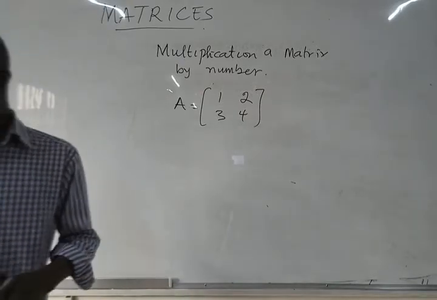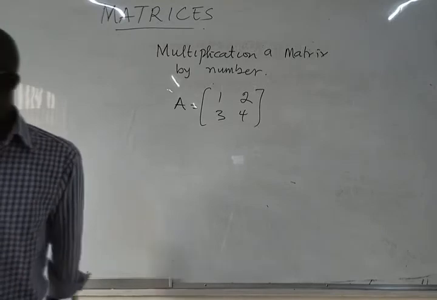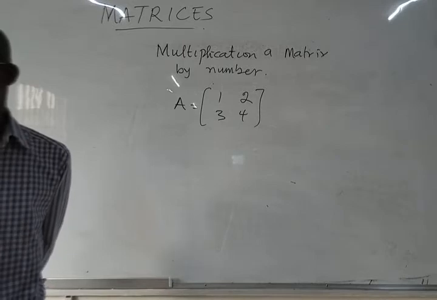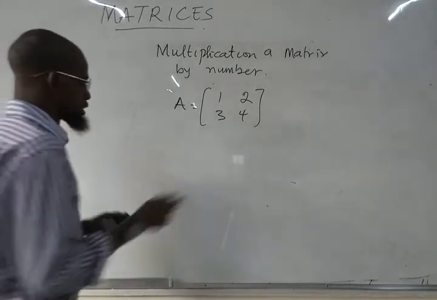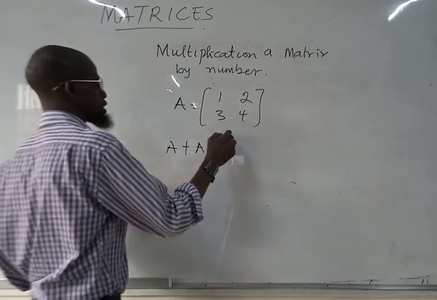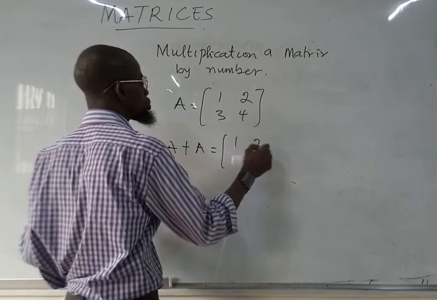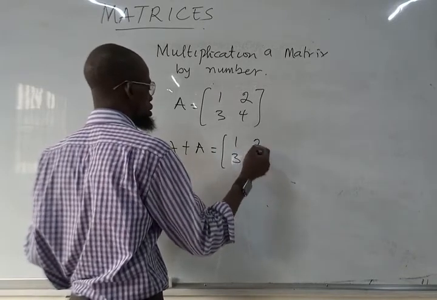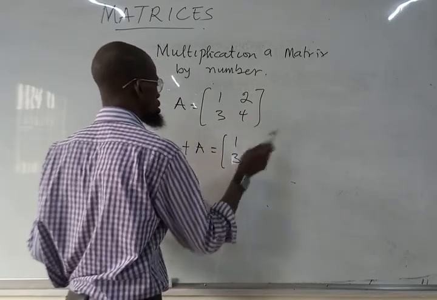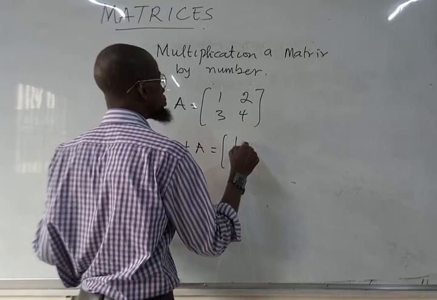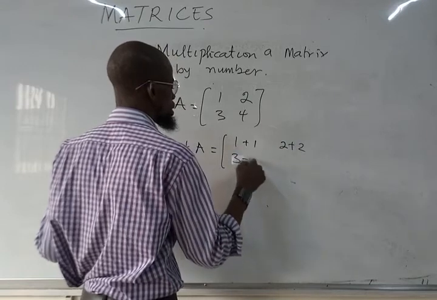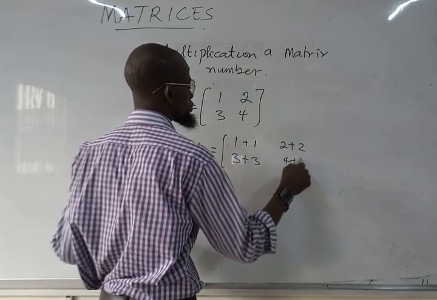This is our matrix A. We noted that matrix A plus matrix A, that is 1, 2, 3, 4 plus 1, 2, 3, 4, gives 1 plus 1, 2 plus 2, 3 plus 3, and 4 plus 4.